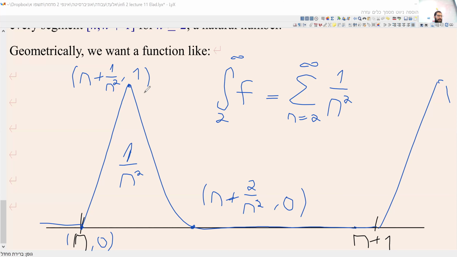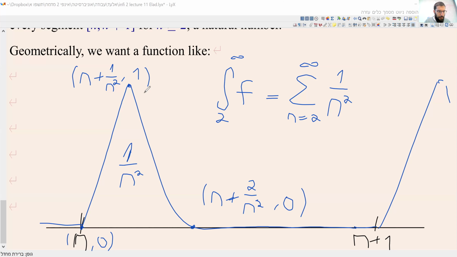And yet again, the n squared is not specifically needed. If it was 1 above n to the power of 3 or 4 or 45, it does the same trick. We have an area beneath the graph, the sum of the areas of the triangles, which gives us a convergent series.